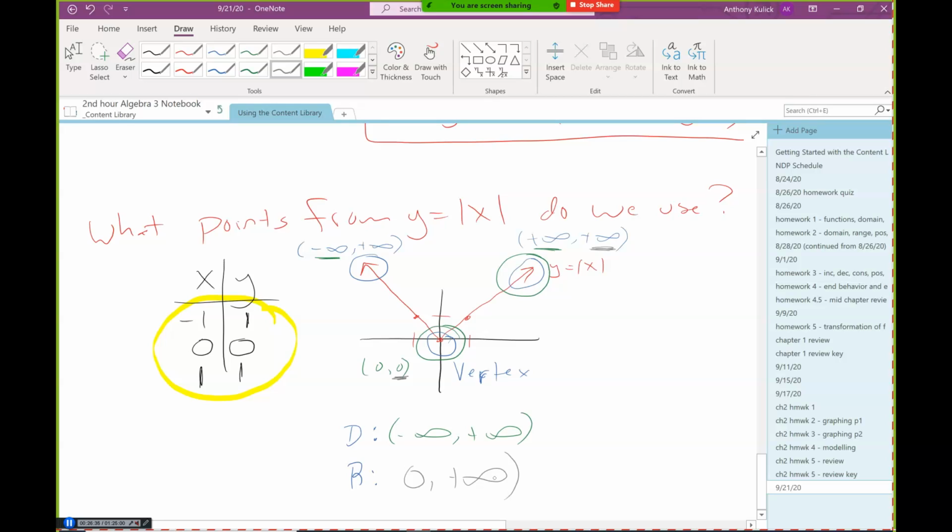Now I know the infinities always get a parenthesis, but a non-infinity sometimes will get a bracket and sometimes will get a parenthesis. In this case, should the 0 be getting a bracket or a parenthesis? Does my function use a point that has a y-coordinate of 0? Yes, so I should be getting a bracket. Everybody okay here?